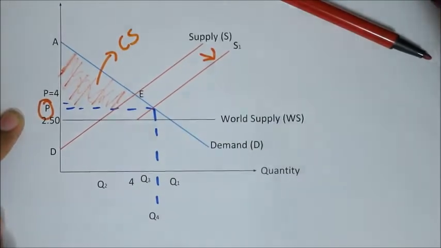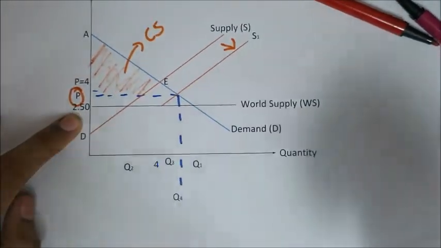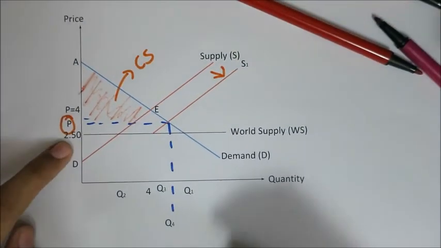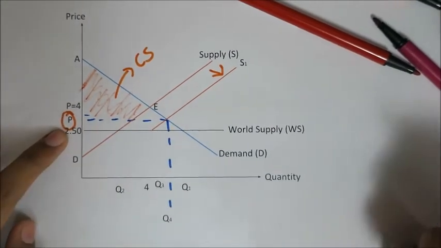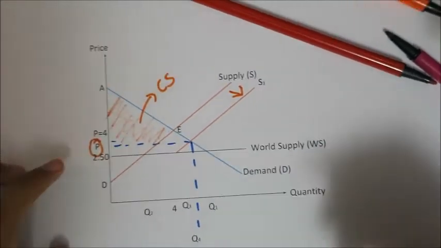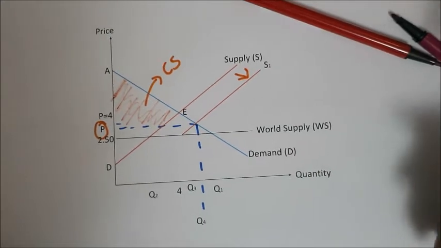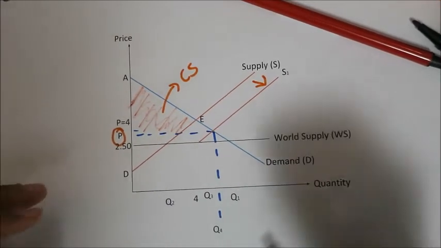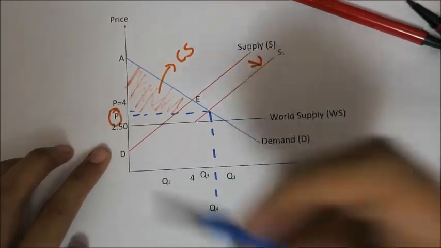consumer surplus. And then for my producer surplus, there is an increase in producer surplus due to the increase in price, because producers are able to produce more, gaining the advantage of selling at a higher price.